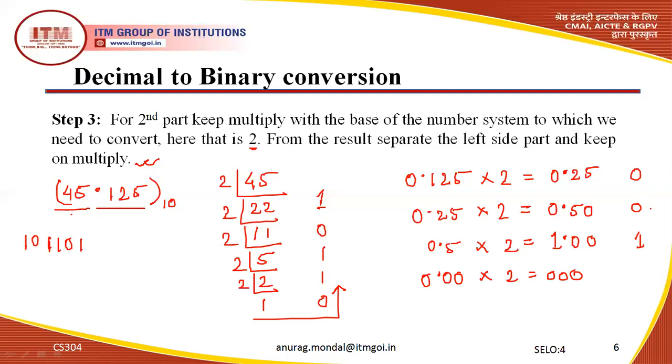So how can we write this 001? We have to write from the upward to the downward. So we have 0.001. So this is the binary equivalent of the above decimal number. And that is within the 3 steps I just showed you.